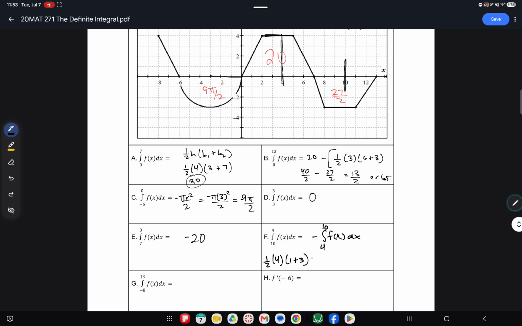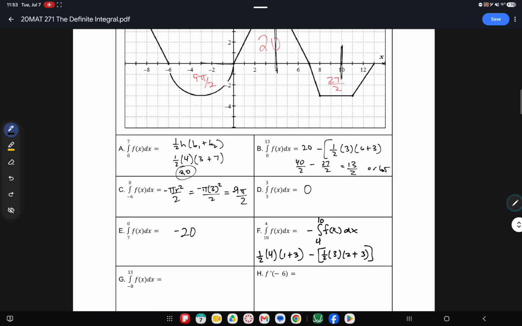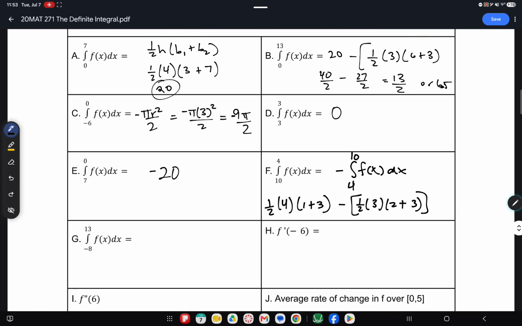And then I want to subtract off the area of the other one. So 1/2 that height was 3, and then base 1 is 2, and the other one is 3. I don't have enough space here. Let's see, half of 4 is 2. 2 times 4 is 8.